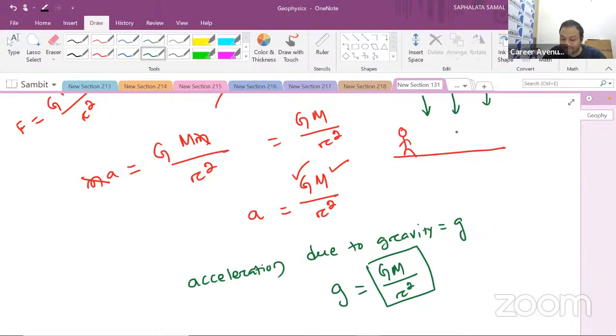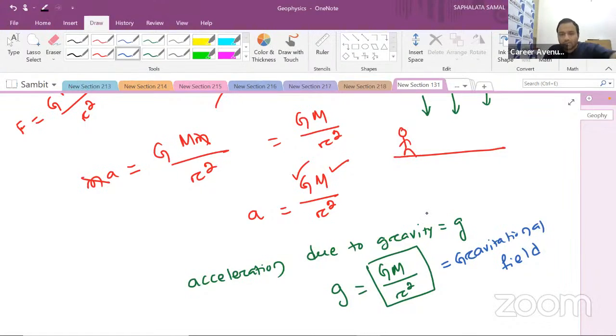Let me see if you are getting this or not. Answer, guys. Nobody is responding. So gravitational field, Akash is saying, exactly. So gravitational field has exactly the same formula as the acceleration due to gravity.